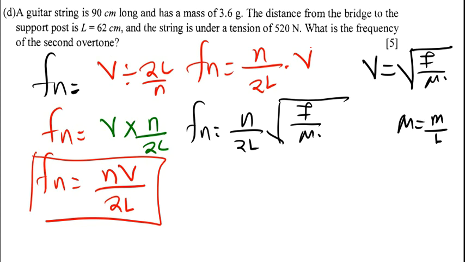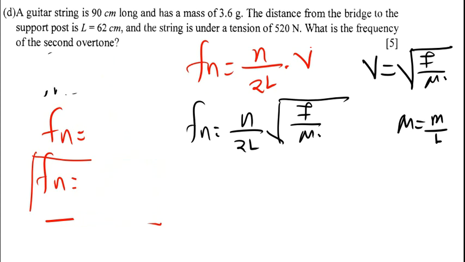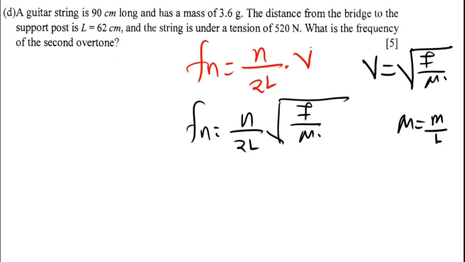Now let's go ahead and find mu. Before I go any further, we are saying Fn is equal to n over 2L times V.